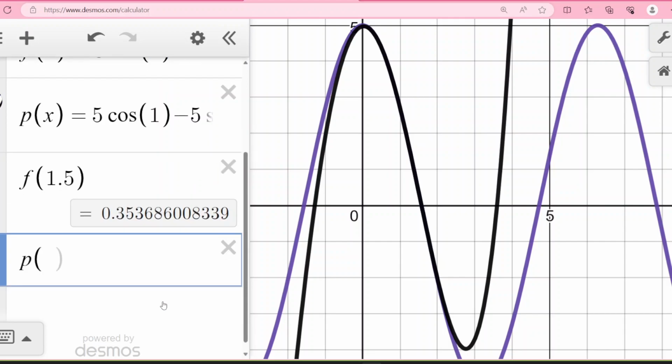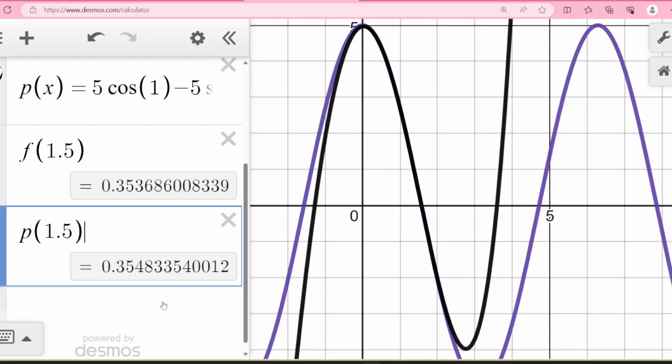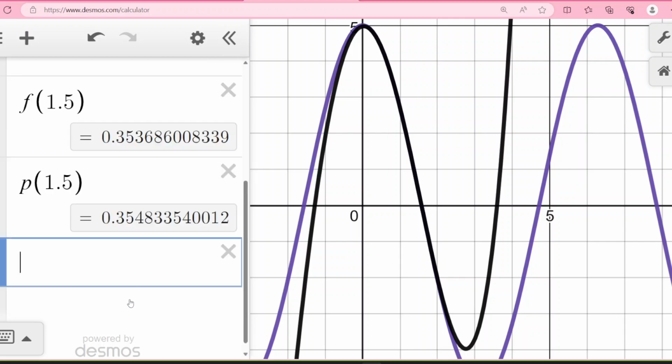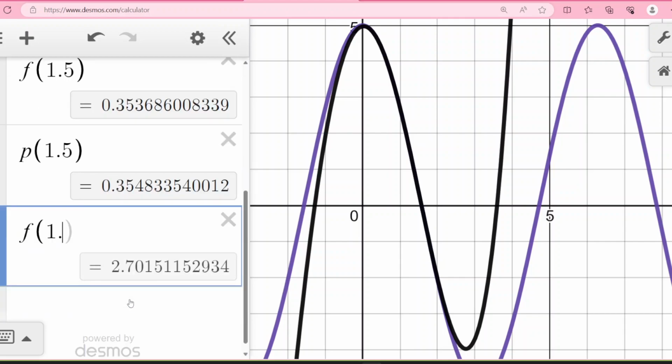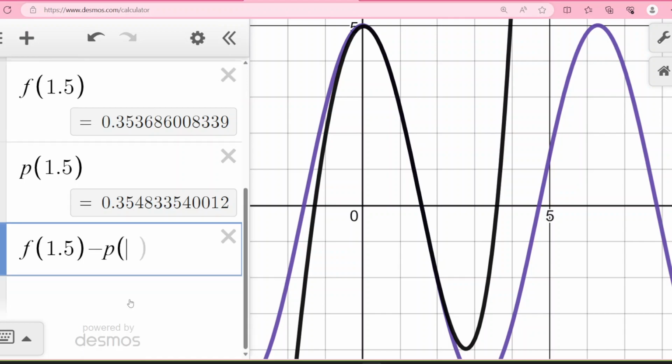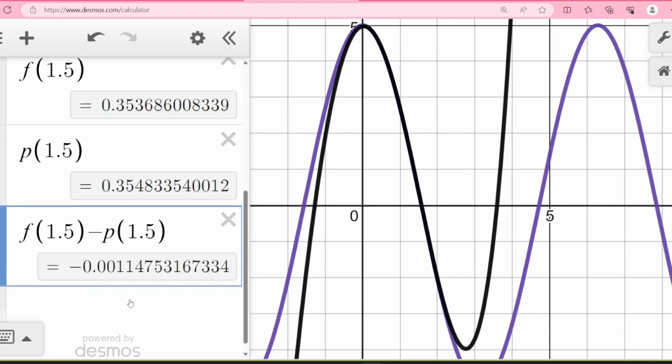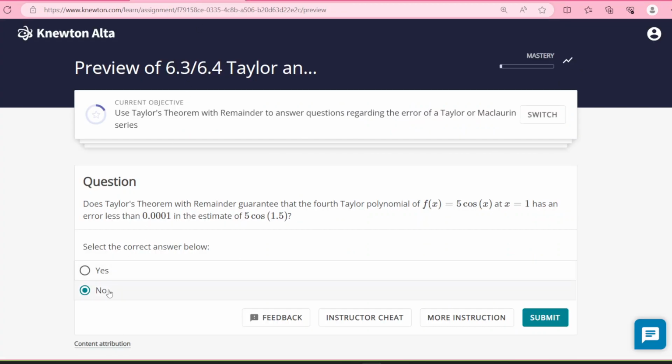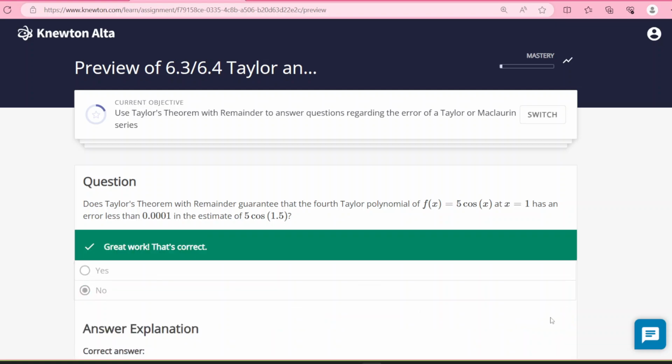Plug in 1.5 to our polynomial, and you see it's only good to the first 2 decimal places. If I subtract them, f at 1.5 minus the polynomial at 1.5, you see the error. Oh, and do the absolute value, I guess, so just make this positive. Just how far off is the estimate? It's off by 0.001, definitely not less than 1/10,000. So again, the answer is no. The error is not guaranteed to be less than 1/10,000.